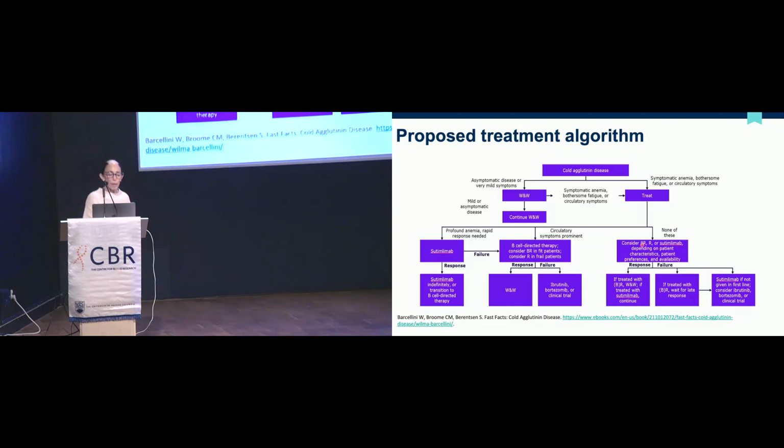On the other hand, if they have really profound anemia, you can treat with a complement inhibitor, sutimlimab, and then potentially transition to B-cell therapy. Rituximab takes about 6 weeks to kick in. So if you have a really anemic patient, by treating with sutimlimab first, you might be able to get them through that anemia period. And again, the role for ibrutinib or bortezomib, these are all in clinical trials right now.